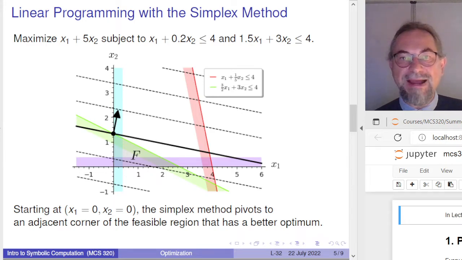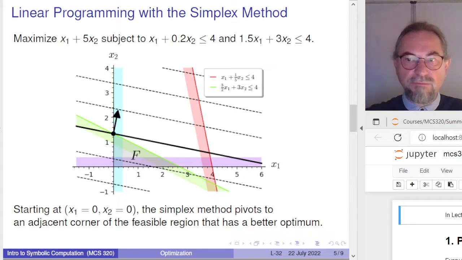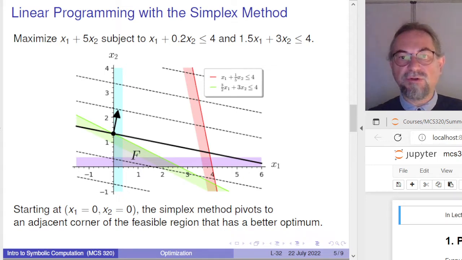We want to maximize x1 plus 5x2, and on the picture, the target, what we want to optimize, is visualized by the black lines. So in the plane we have a moving line. And we also have what is called a feasible region. We have two constraints.